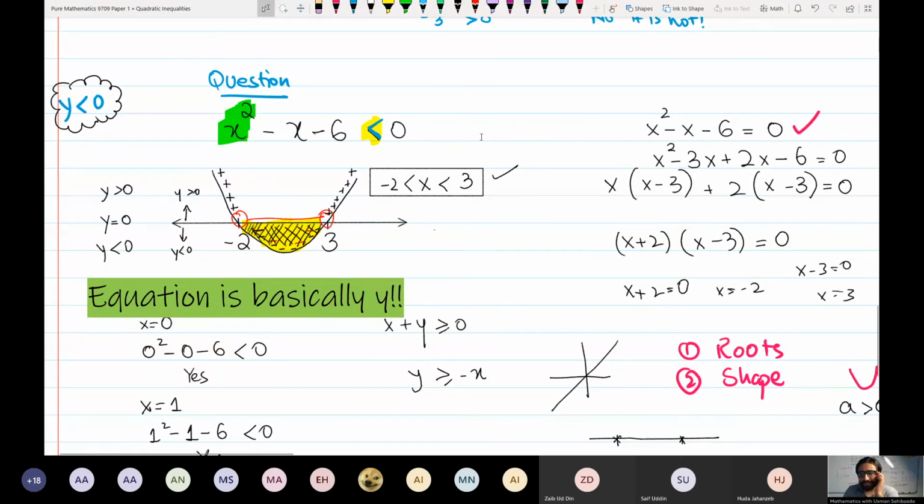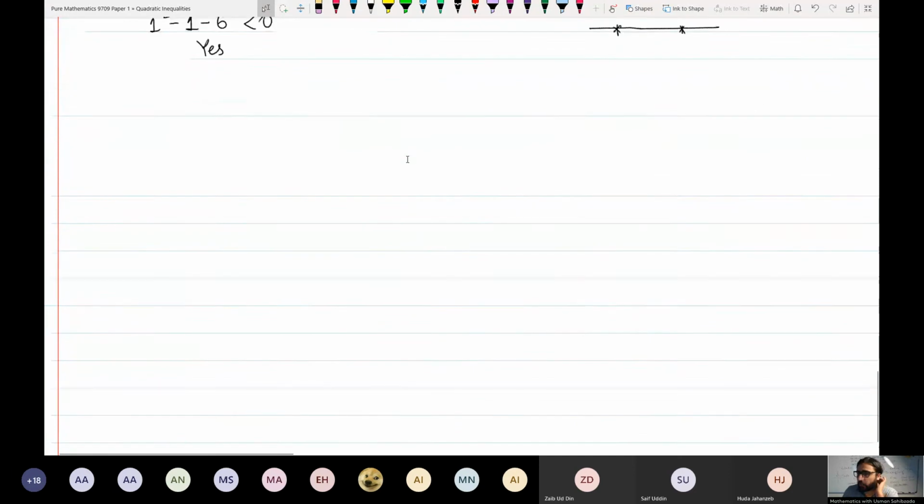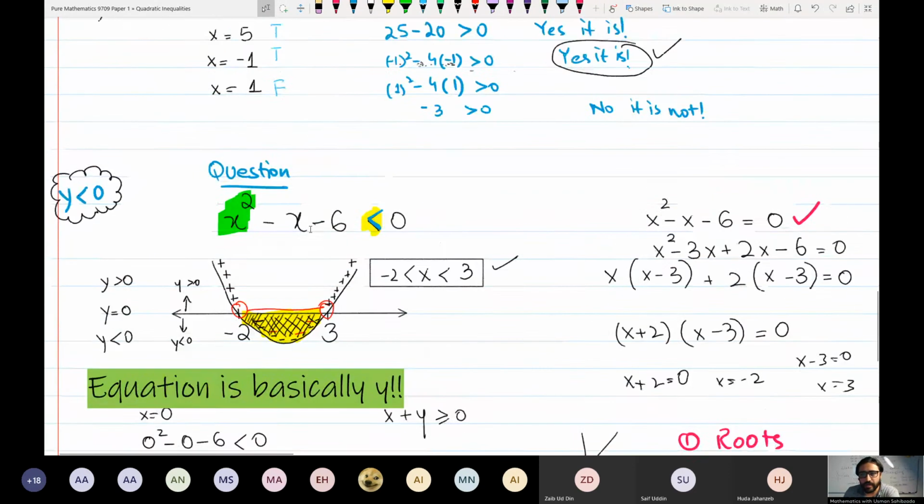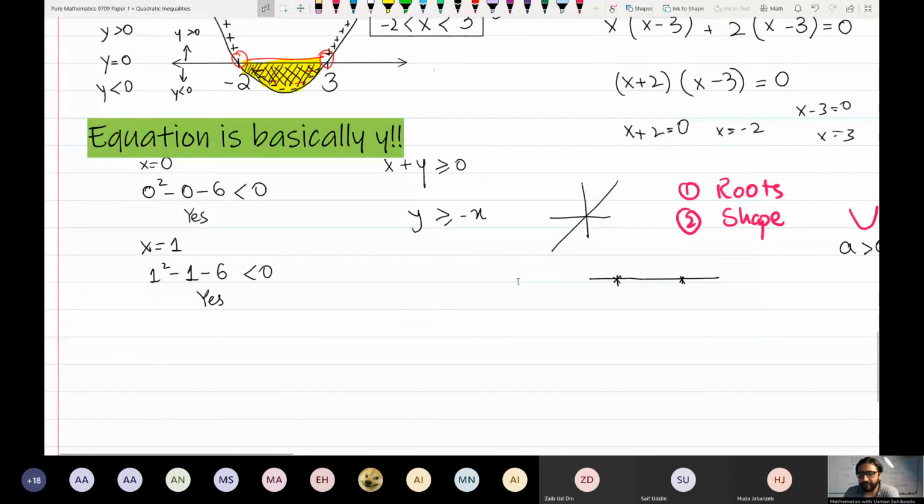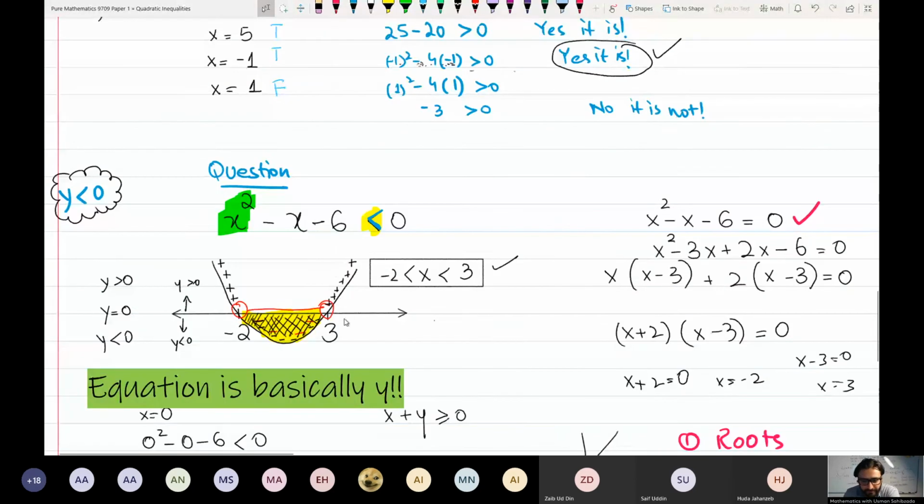So for x squared minus x minus 6, although the graph exists everywhere, right? It exists after 3. It exists before minus 2. It exists between them as well. But when is it less than 0? Only in the region from minus 2 to 3.